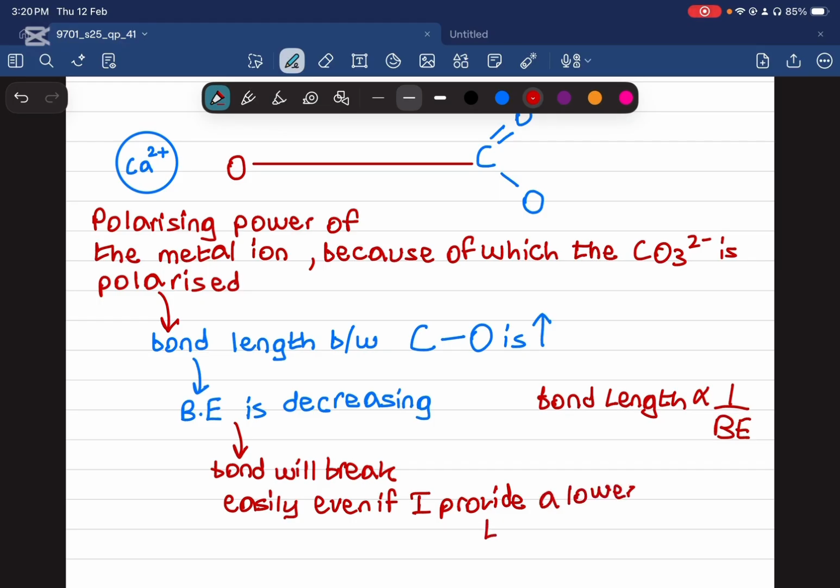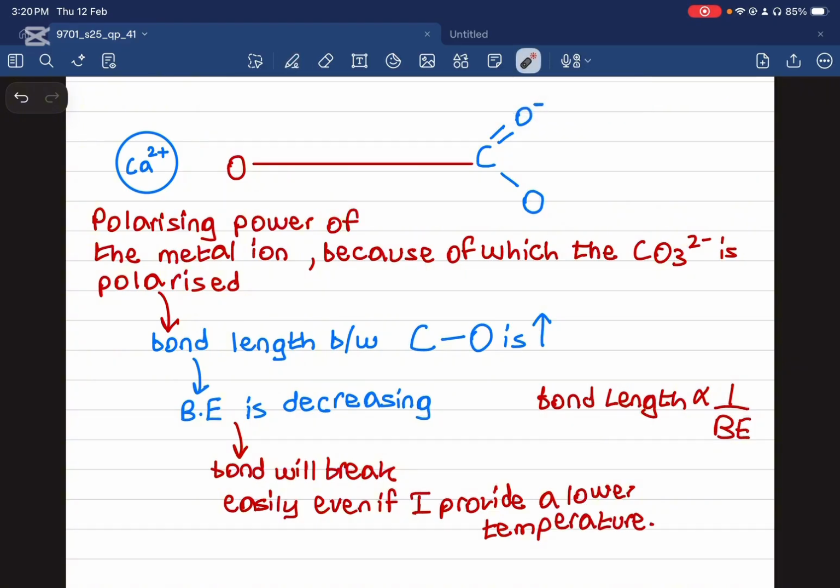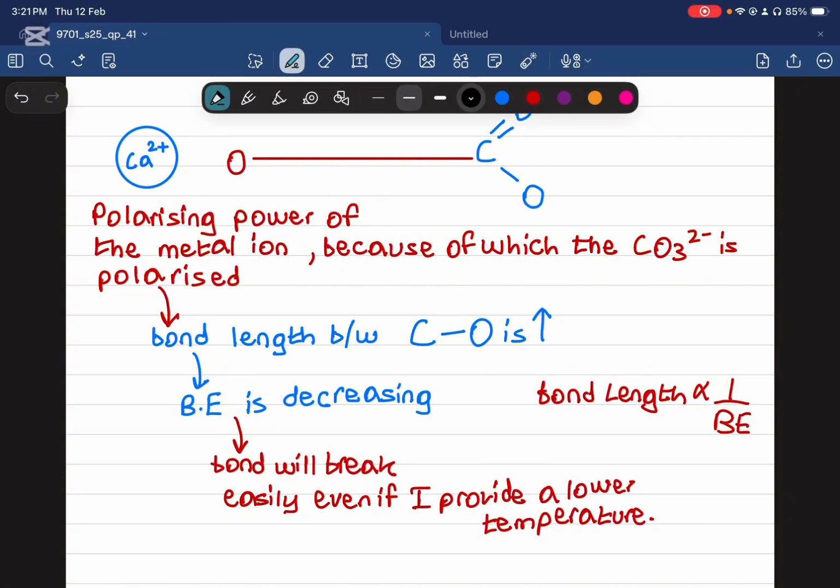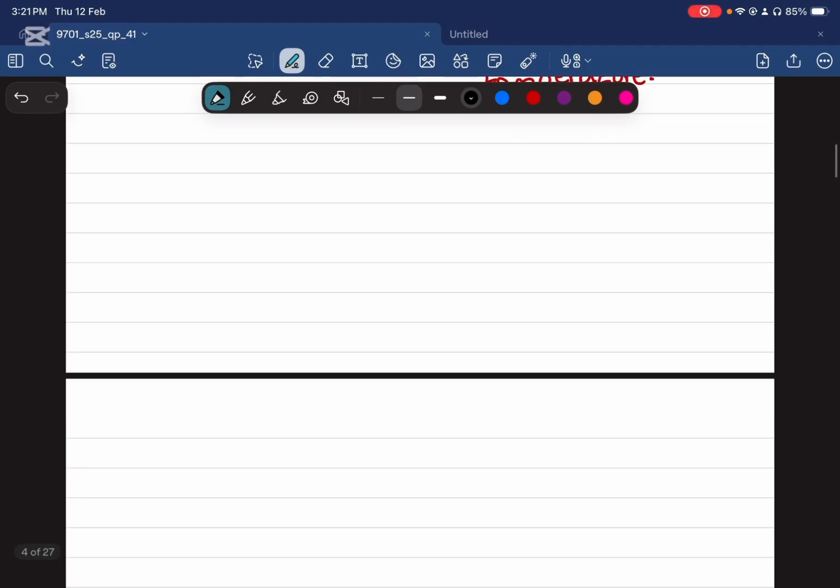Meaning that if I provide a small amount of heat, it's still going to break because of the high polarizing power of the calcium ion. So because it has a very high polarizing power, the carbonate ion is going to be really, really polarized, which means that it's going to be broken very, very easily, aka lesser thermal stability.